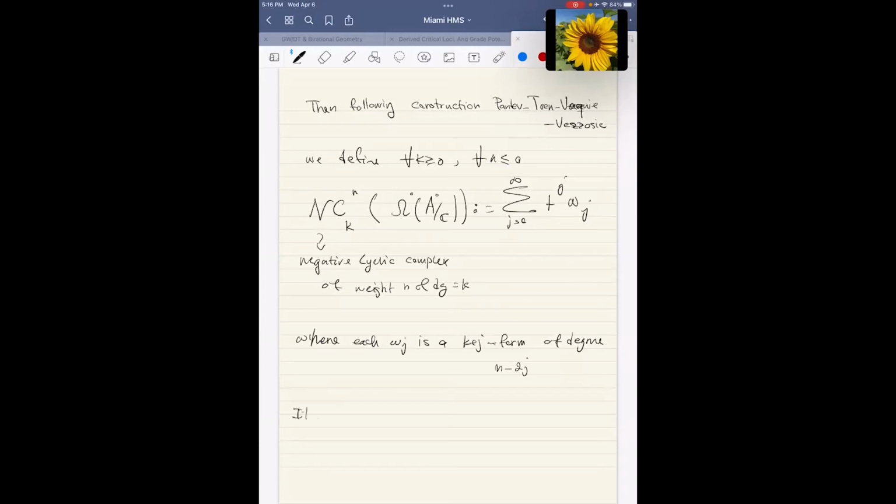So it is clear that the differential delta plus t times d de Rham maps us from this negative cyclic complex of weight n and degree k to the negative cyclic complex of weight n plus 1 and degree k. Okay, because the degree of the delta is 0. Delta just changes the weight rather.